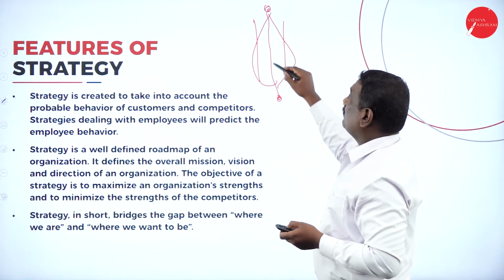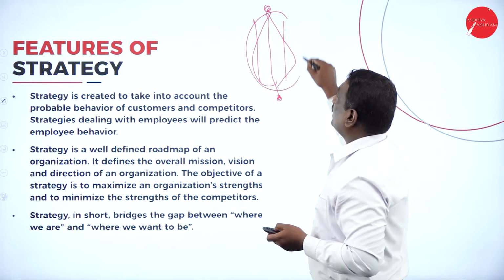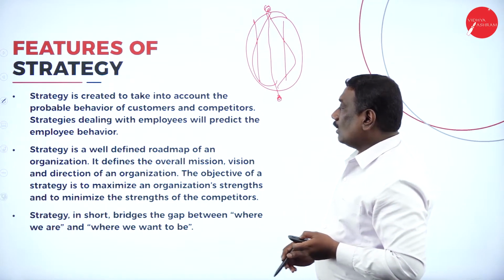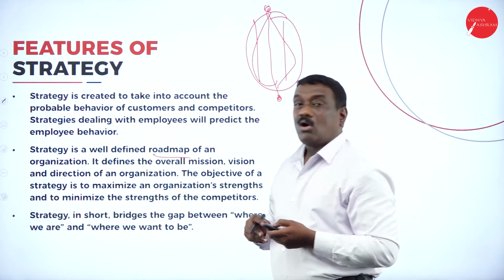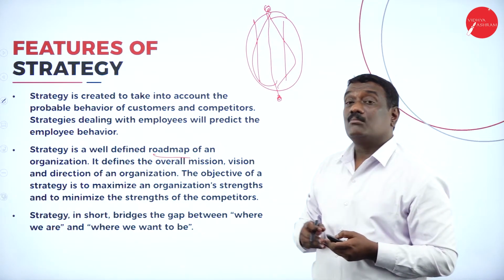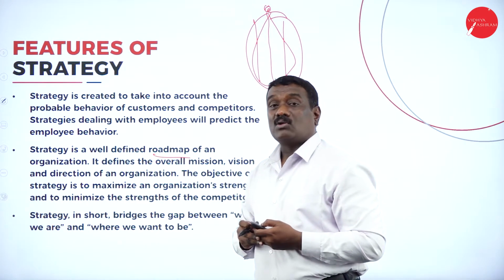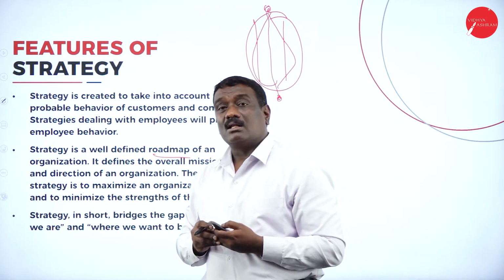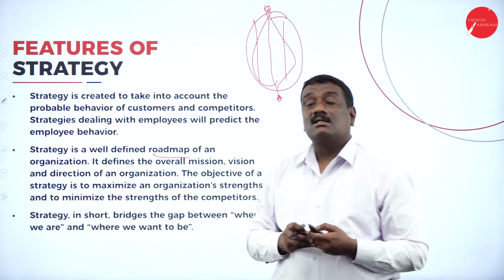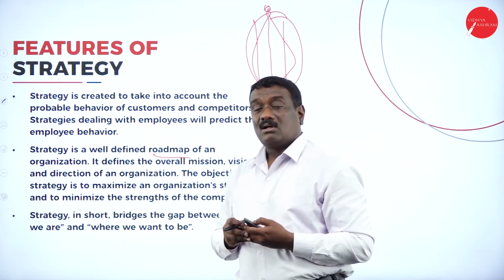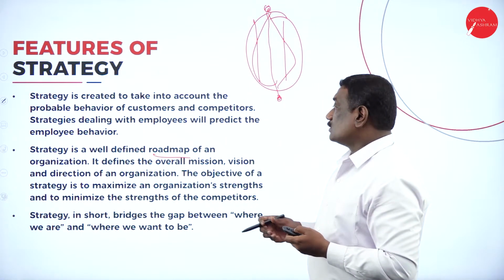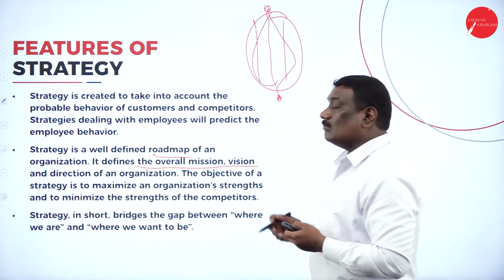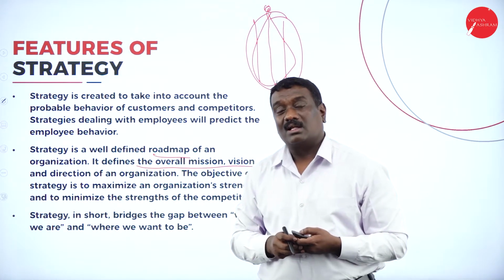So it is nothing but the route map. We call it the route map or road map of an organization. Strategies are the road maps of an organization. They tell you how to go about that particular strategy and how to accomplish that particular task or activity. So it defines the overall mission, vision and the objectives of the organization.